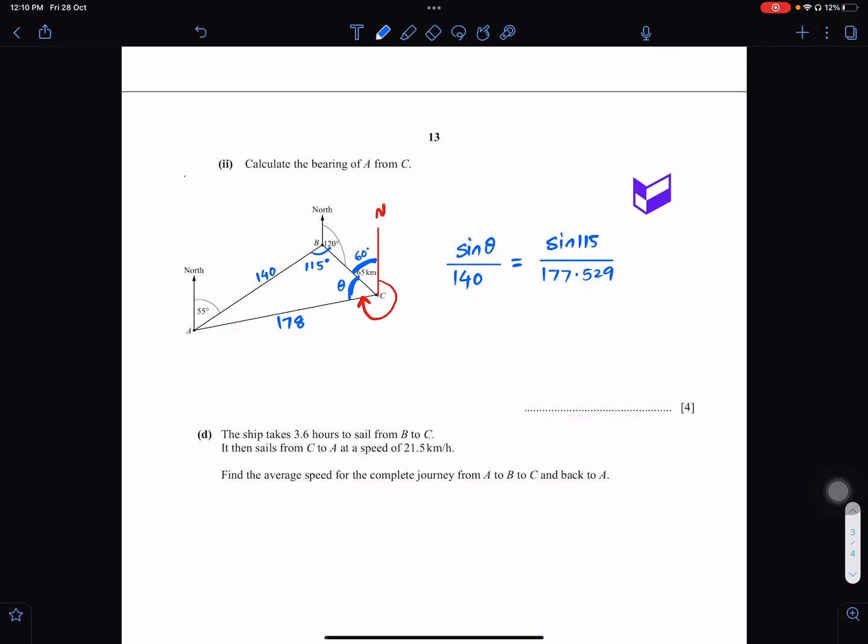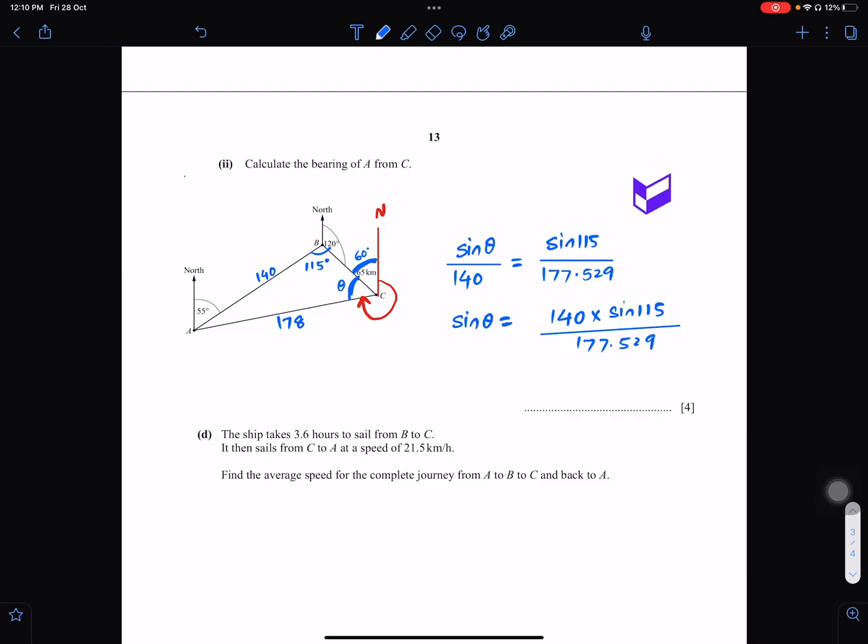All right. So if I type it on the calculator and look for theta, your sine theta value will be equal to 140 times sine of 115 divided by 177.529, and then I can take sine inverse of it.